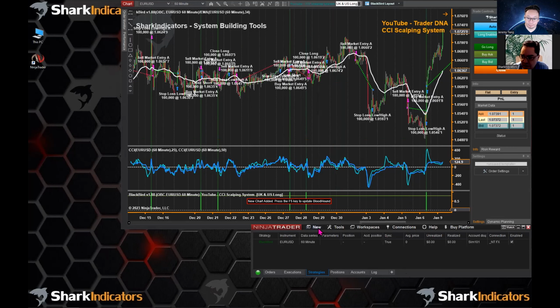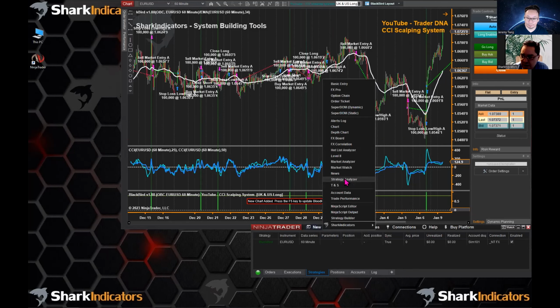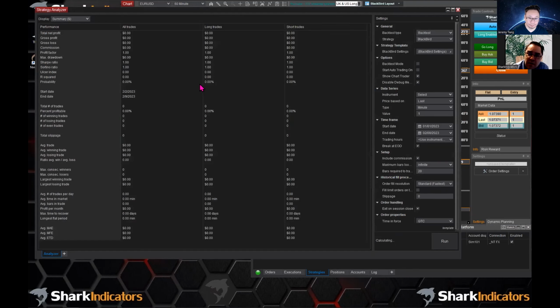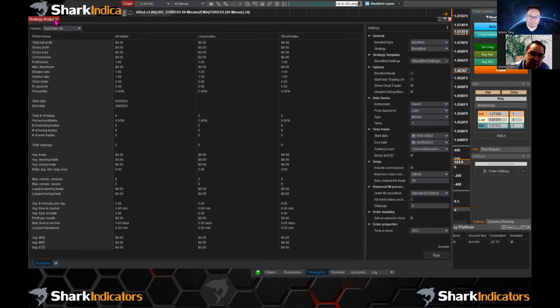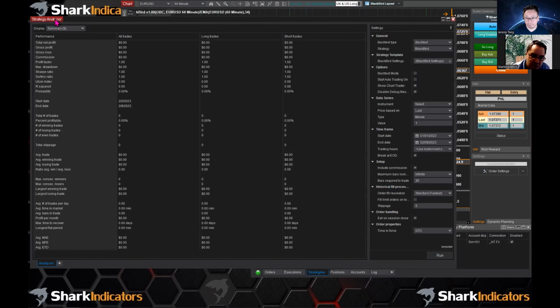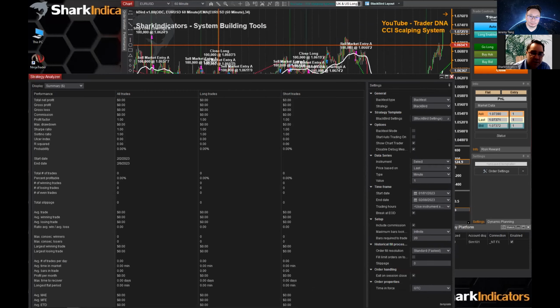The way I think of the strategy analyzer, and maybe this is a better question for NinjaTrader, is that it allows you to backtest a basket of instruments, a whole bunch of different instruments all in one go, whereas the chart only backtests the one instrument it's showing you.